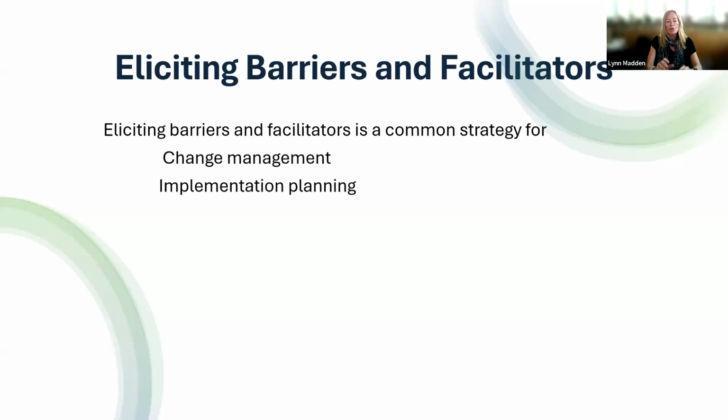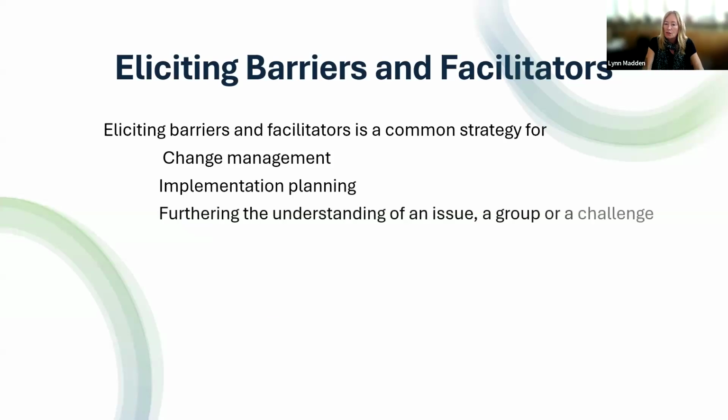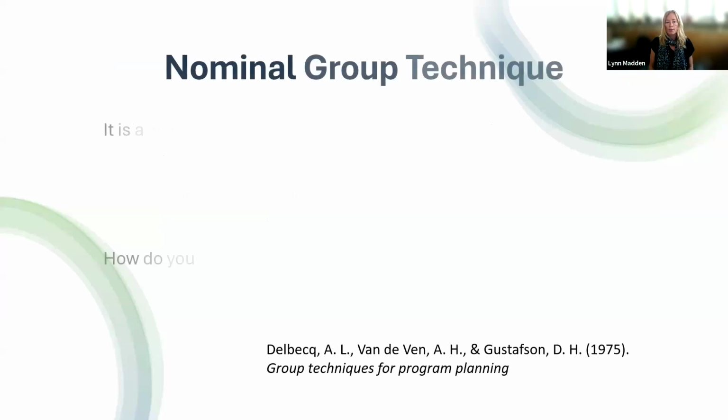And it's a common strategy to really further our understanding of an issue, a group, or a challenge, right? So you might use this from a psychology perspective, from a program planning perspective, from an anthropological perspective. There are a lot of potential uses for nominal group technique.